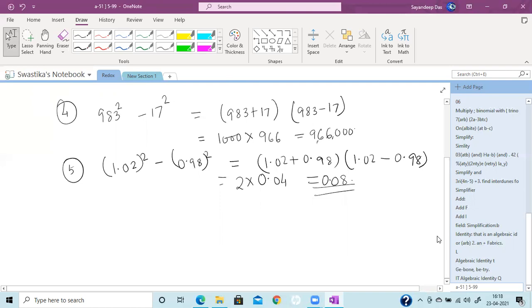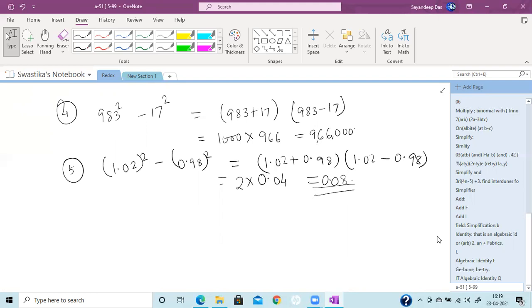So dear students, I hope you have understood these problems, and you can now remember what the three identities are and how to apply them.